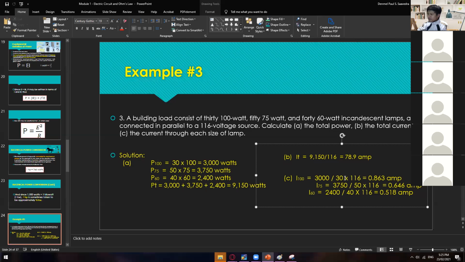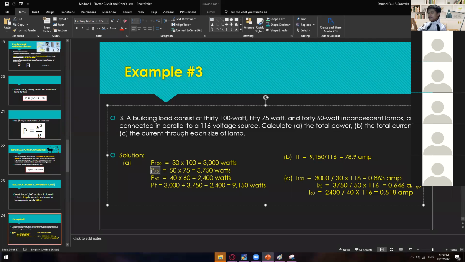So from there, just multiply all of those with our voltage source, which is 116. Then you will get their individual current on each size of lamp. So for P sub 100, one lamp is consuming 0.863 amps.